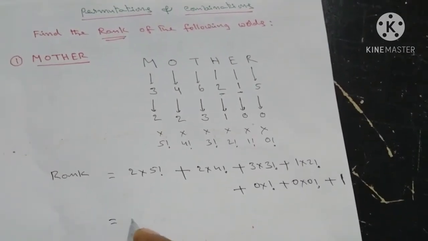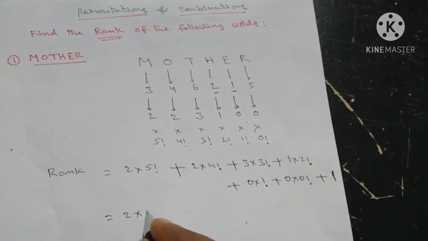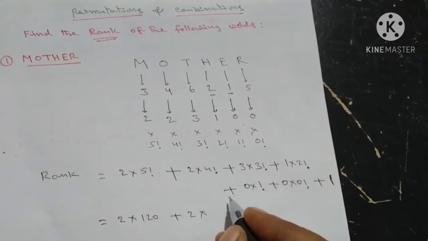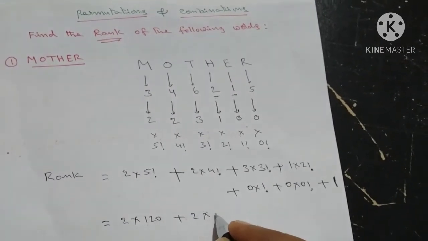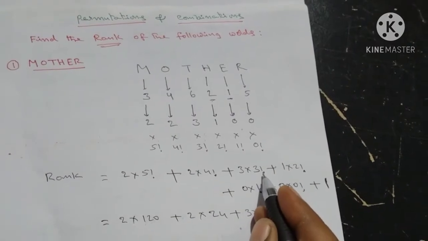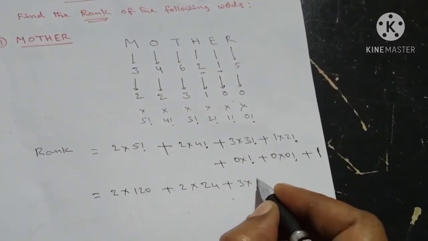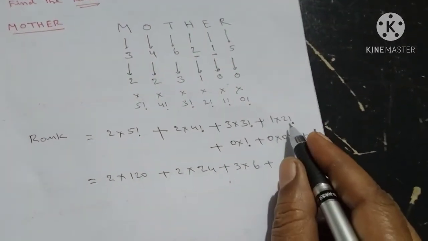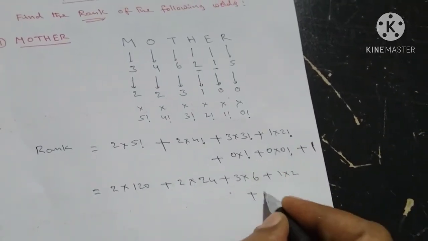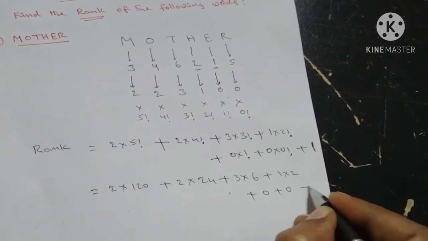So 2 into 5 factorial is 120, plus 2 into 4 factorial, 4 into 3 into 2, is 24, plus 3 into 3 factorial, 3 factorial is 3 into 2, 6, plus 1 into 2 factorial, which is 2, plus 0 into 1 factorial, plus 0, plus 1.